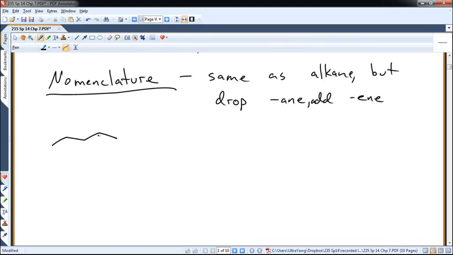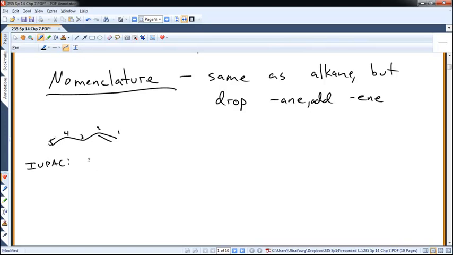So if I just give you a molecule that looks like this, right, the IUPAC system would say that I count 1, 2, 3, 4, 5, or I could count 1, 2, 3, 4, 5. I should always count so that the substituents are at the lowest numbers. In this case, the substituent is not necessarily a substituent in the classical sense, but it's part of the chain itself. So I should count 1, 2, 3, 4, 5.